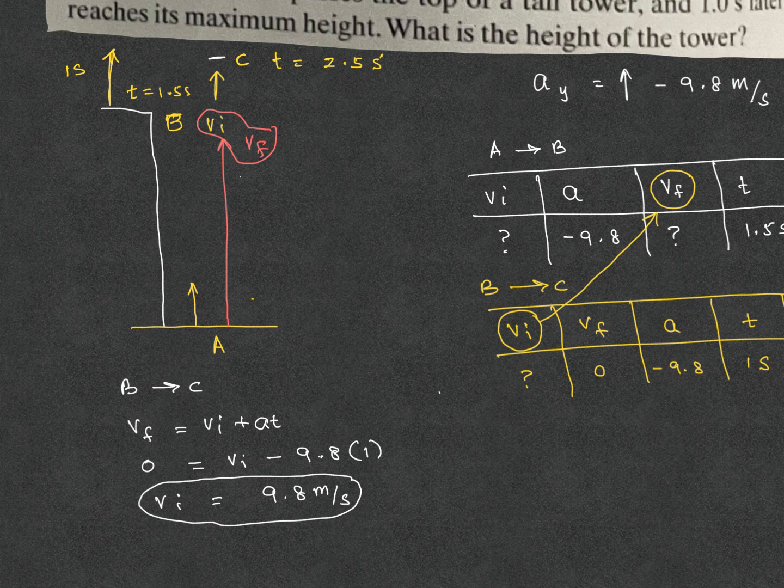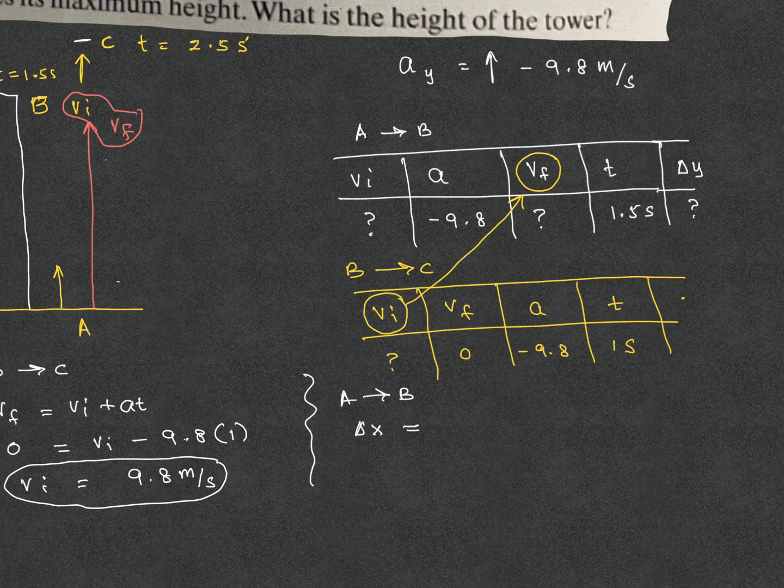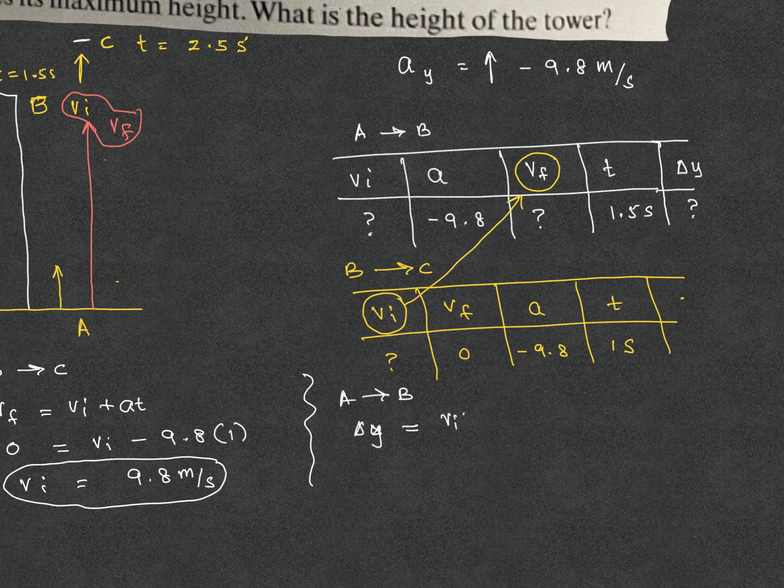Now I am looking at the table going from A to B, and this motion shows we are looking for the height. I called it delta y. Delta y equals V_i t plus 1/2 a t squared. You can call the height of the building h if you want. V initial we don't know, time is, actually sorry, time is not 1, time is 1.5, right?